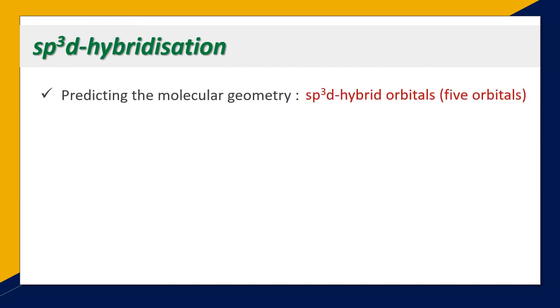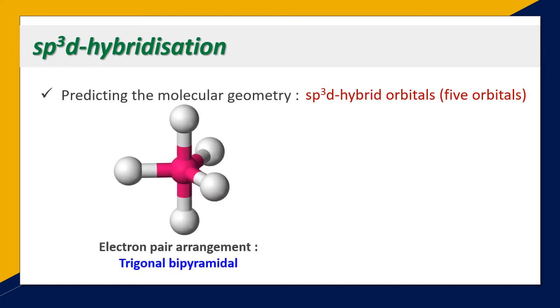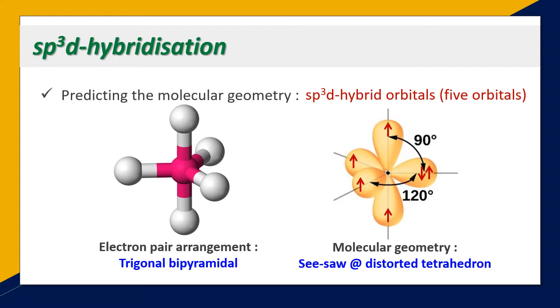To determine the molecular geometry of a molecule, we can consider the repulsion of the 5 sp³d hybrid orbitals. All the orbitals are arranged in a trigonal bipyramidal. Since we have one lone pair in the orbitals, the molecular geometry obtained is seesaw, or the distorted tetrahedron.